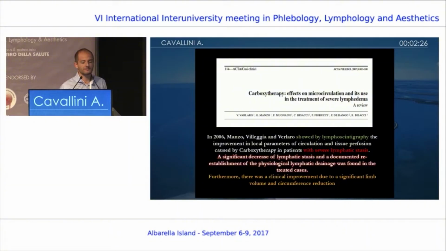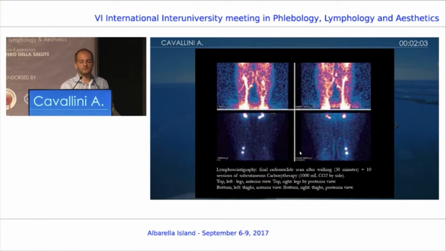But we can use this treatment also for lymphedemas. Valerius Group has published this article on lymphedemas, severe lymphedemas. It is a study carried out in 10 applications that demonstrates that with a scintigraphy support, the volume reduction, stasis and symptoms, and the restoring process that you can see.